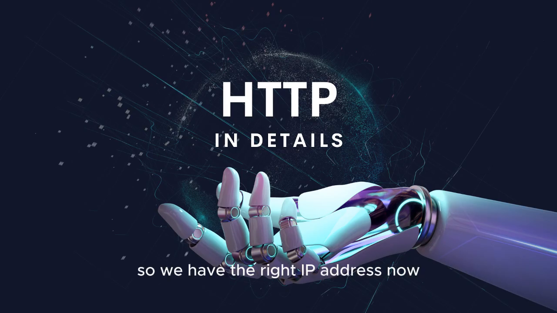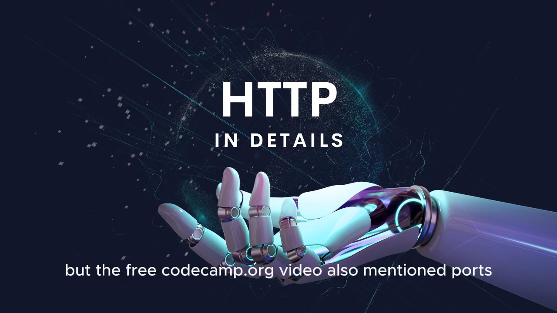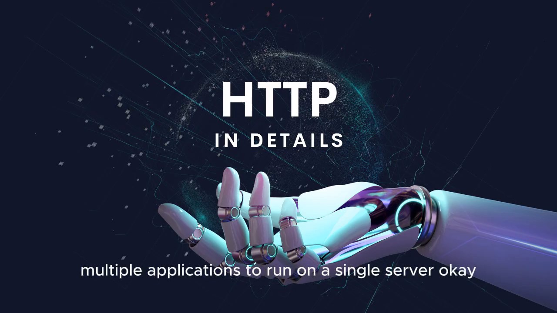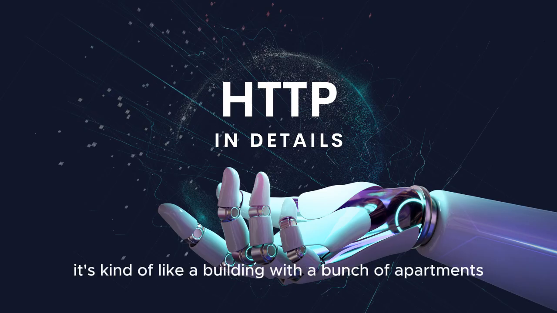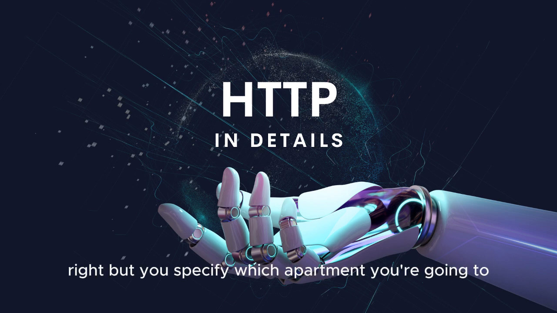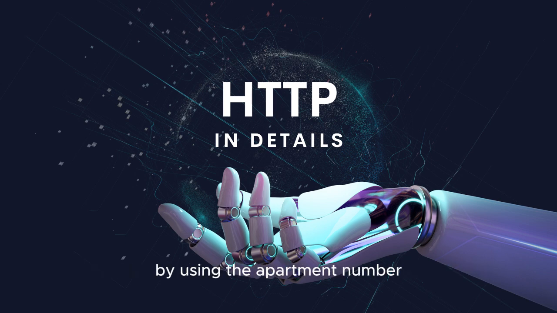Okay, so we have the right IP address now. But the freecodecamp.org video also mentioned ports. What are those all about? Ports allow multiple applications to run on a single server. It's kind of like a building with a bunch of apartments. They all share the same street address, but you specify which apartment you're going to by using the apartment number.